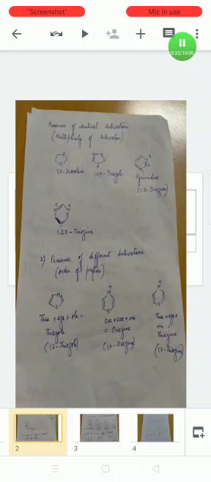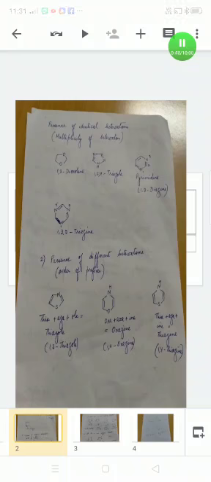Two oxygen heteroatoms are present, so we use the prefix di, oxa for oxygen and olane for 5-membered saturated heteromonocycle. The terminal letter A of oxa is dropped, so the name is 1,3-dioxolane. Another example is 1,2,4-triazole.